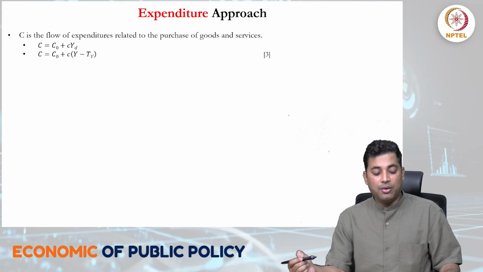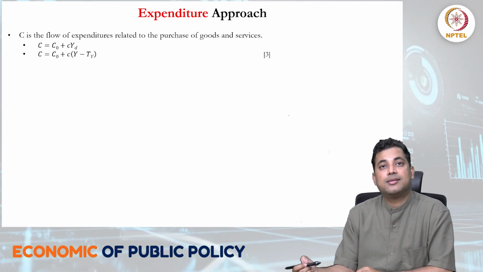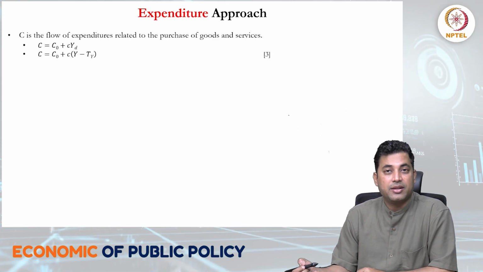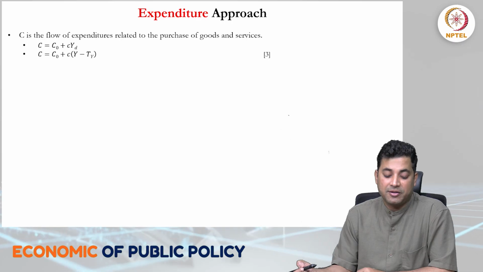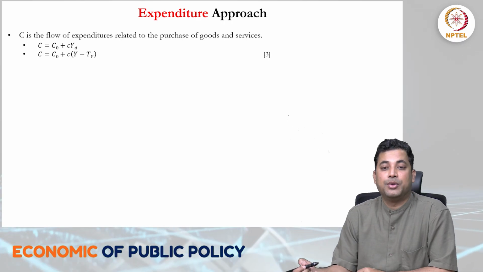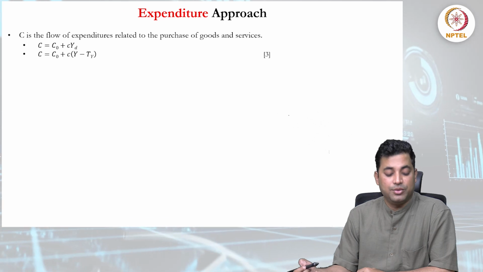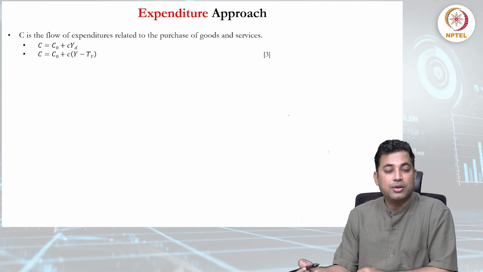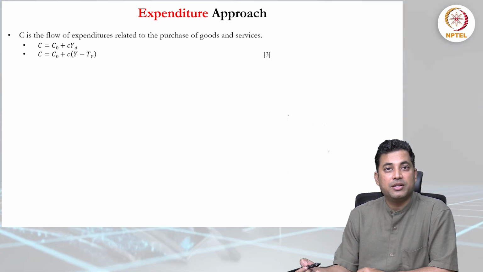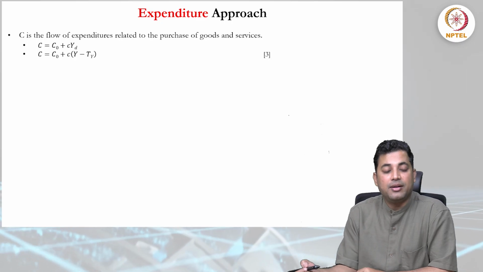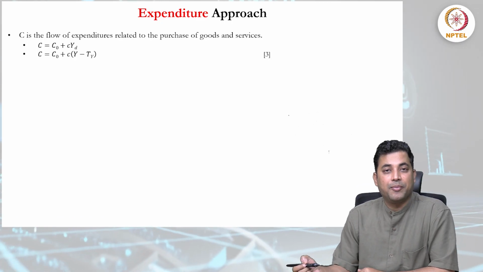Now C is consumption expenditure, which we know is the flow of expenditure related to the purchase of goods and services. It basically comes from the households. So for household consumption expenditure the equation is important. How do we write it?